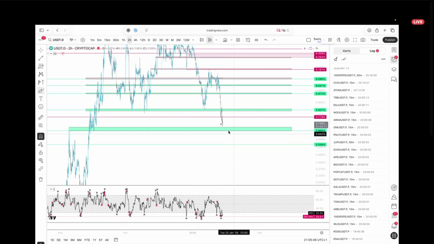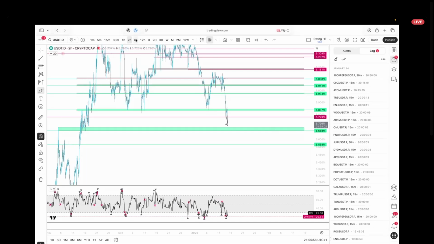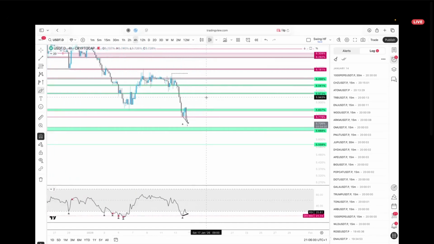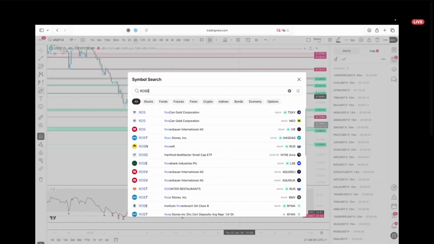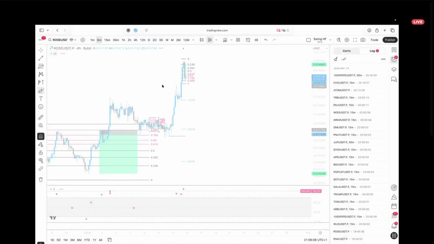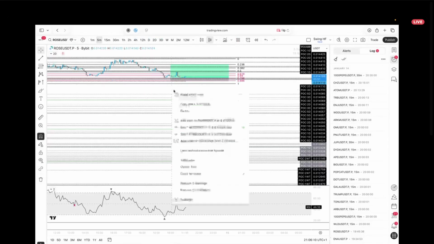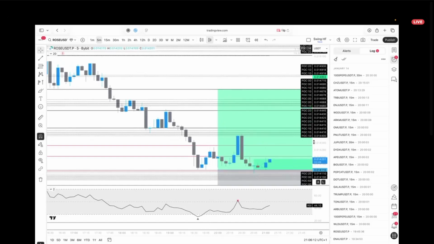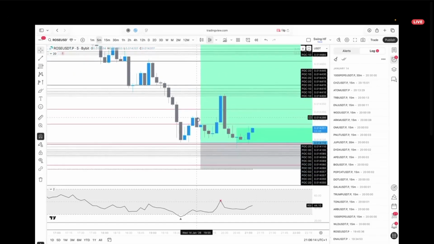But as long as we stay above this box, we are ranging here in 97, 96K. So as of now, we just have to wait a bit to see the next move. Then I shared Rose that would have been filled on 5 minutes. Oh shit, I deleted my order. Would have been filled perfectly.